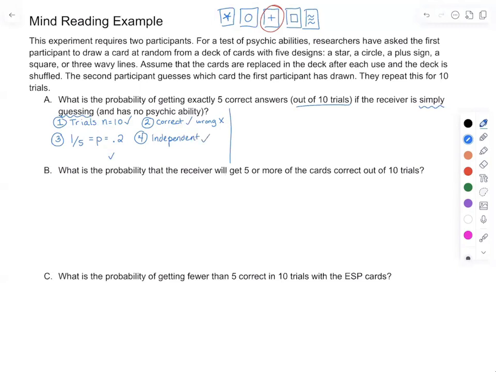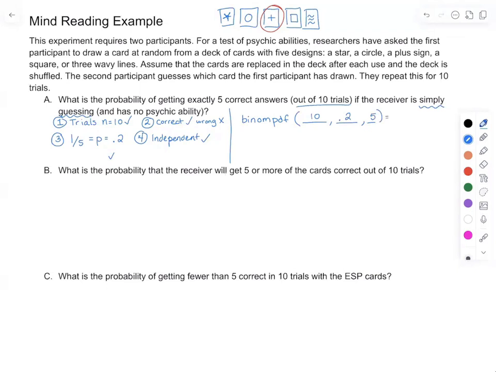Now, to get the probability of getting all five correct answers, we are going to use Binomial PDF on our calculator like we just practiced. The number of trials goes first, and that's 10 trials. The probability of success for each trial is that 1/5 or 0.2. And the number of successes I'm interested in here is 5.